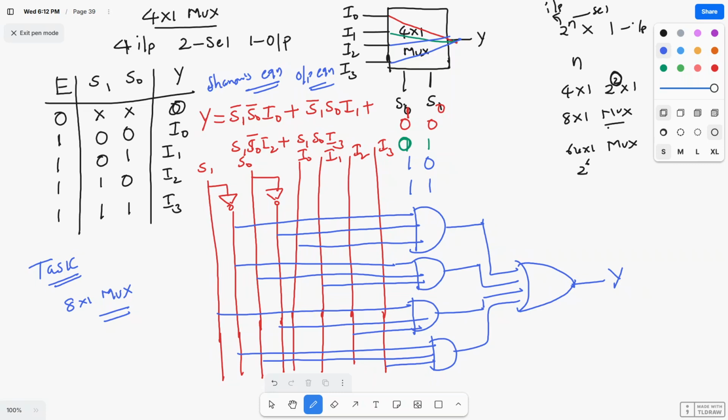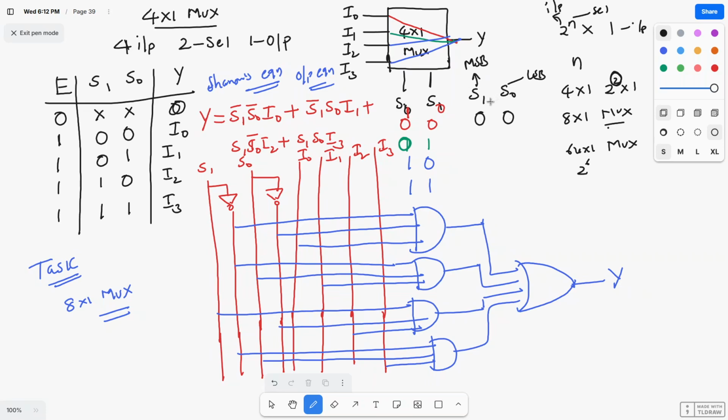Can you explain how you selected the select lines? Here S0 is the LSB and S1 is the MSB.